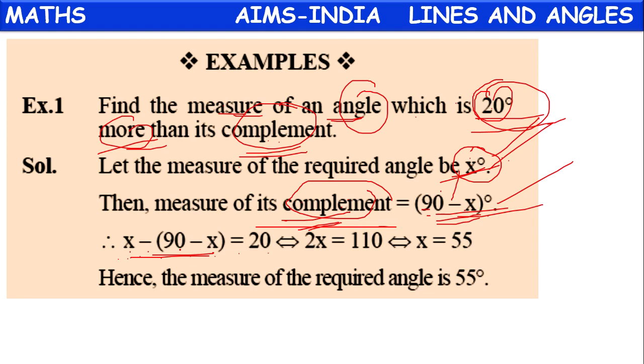So x minus 90 minus into minus plus, so 2x minus 90 equals 20. The 90 comes to the other side and becomes plus 90.